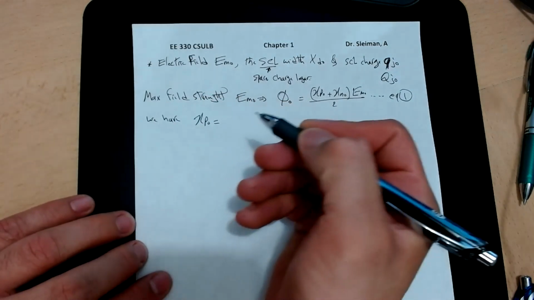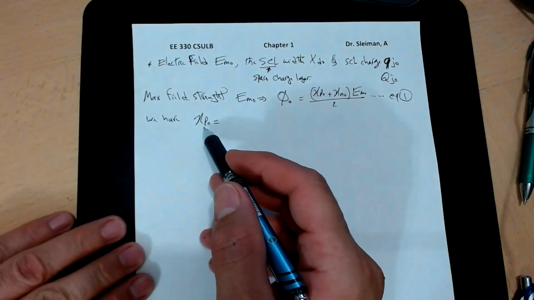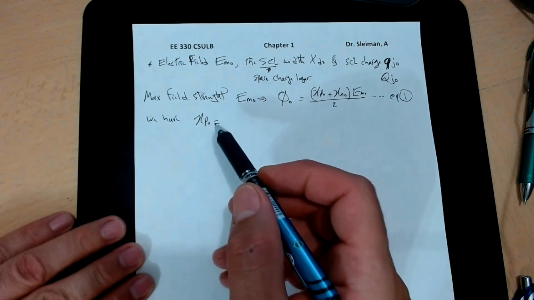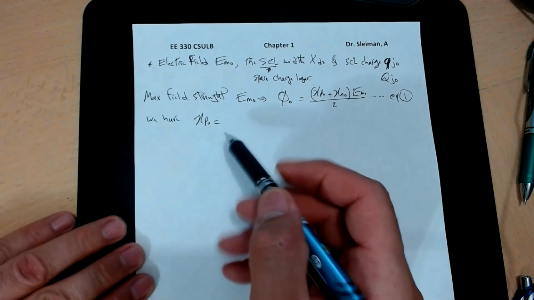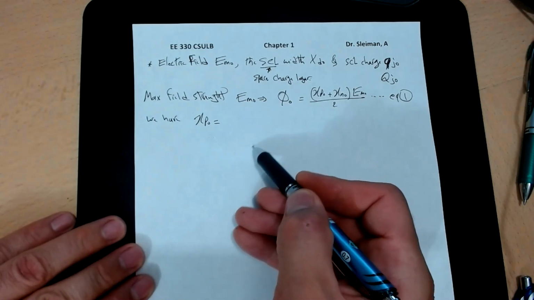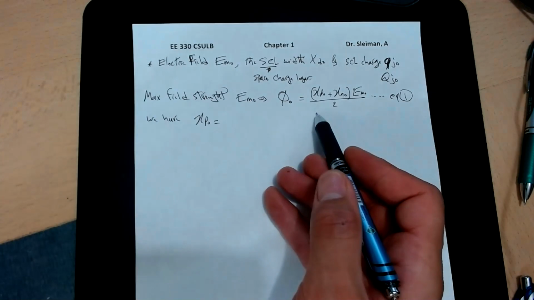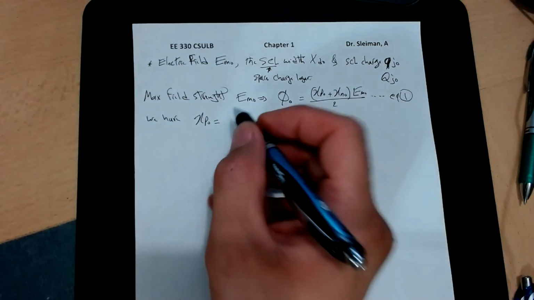Xp0 is the point where the electric energy profile leaves zero and starts going up, building the built-in potential.